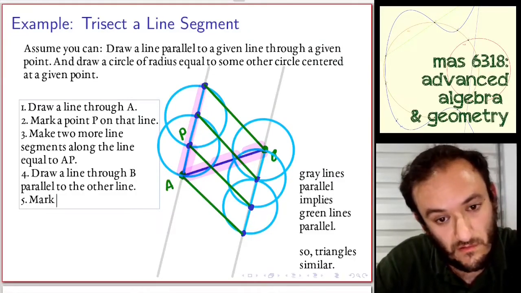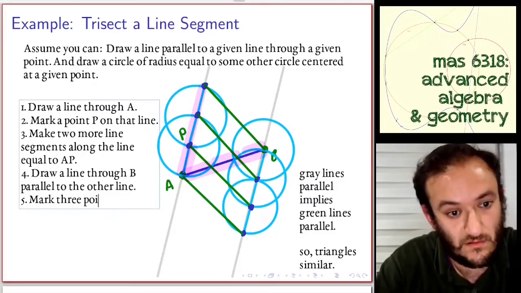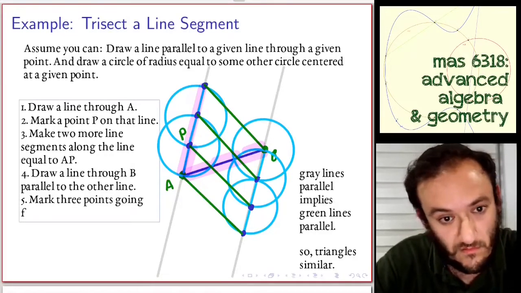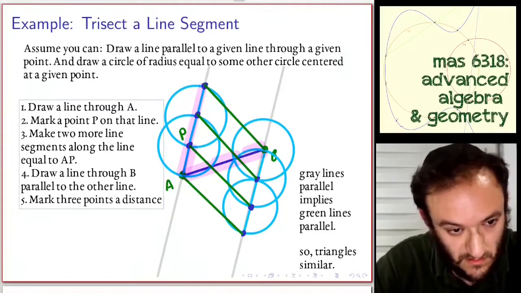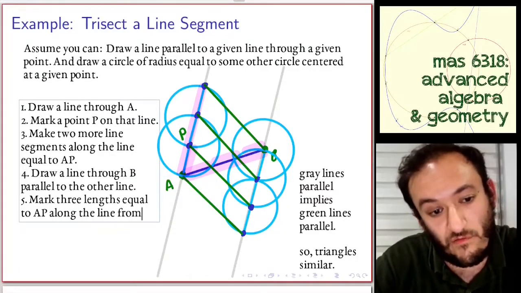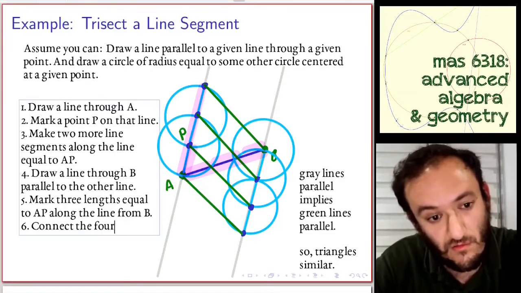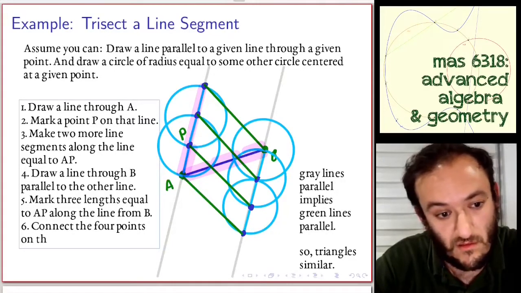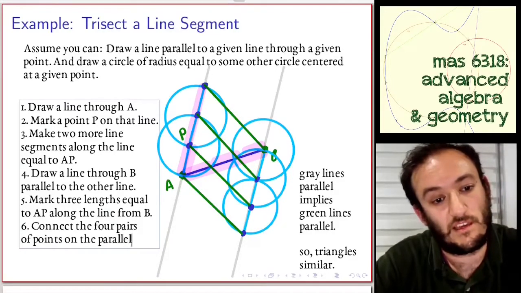Mark 3 points, going from B, 3 points distance, rather, equal to AP along the line from B. Okay, and then connect the 4 pairs of points on the parallel lines.